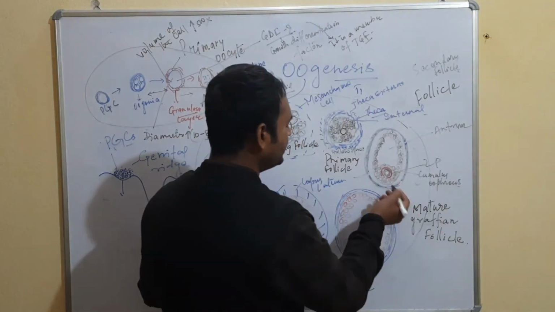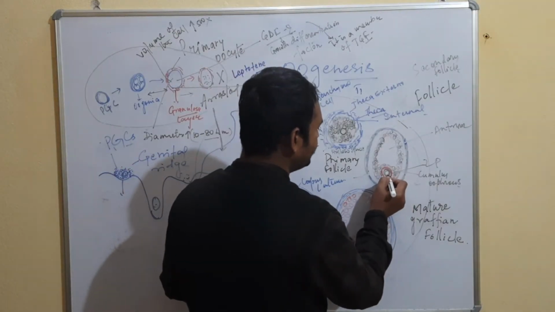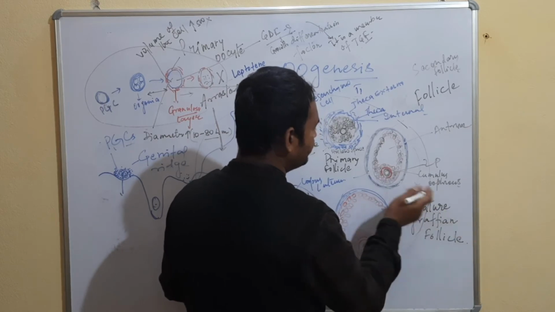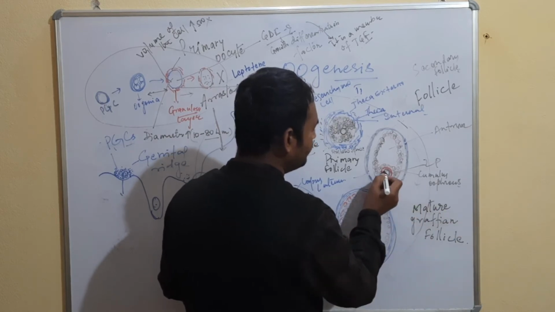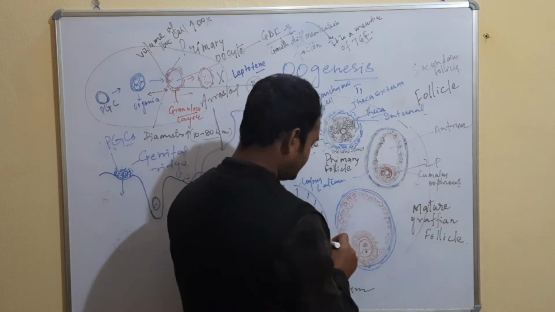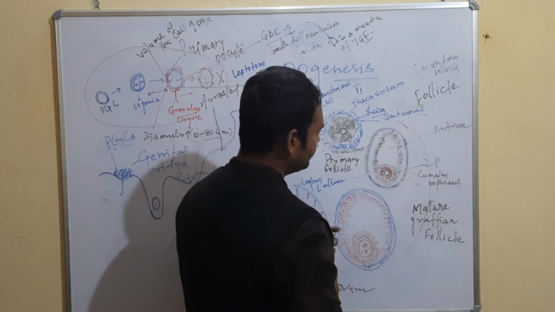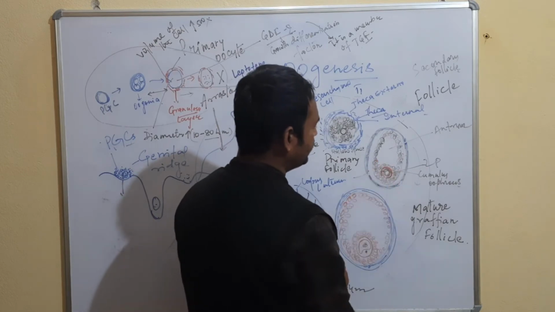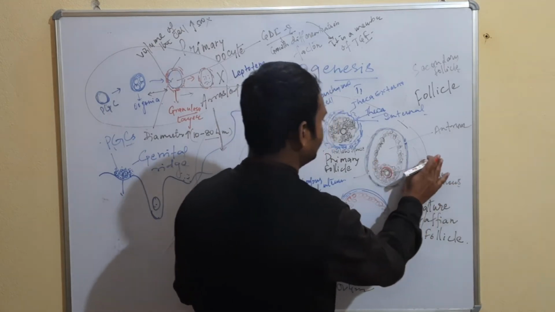The zona pellucida is a glycoprotein layer that will be formed around the primary oocyte.